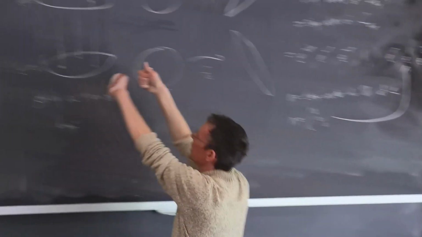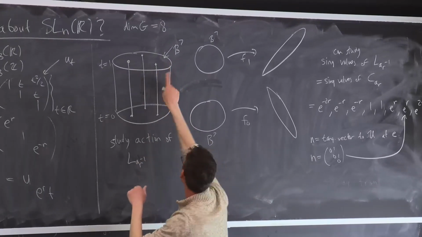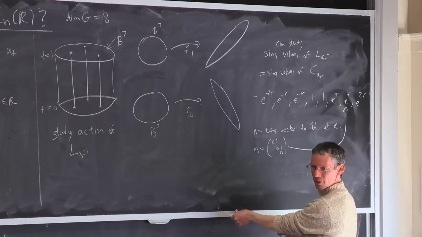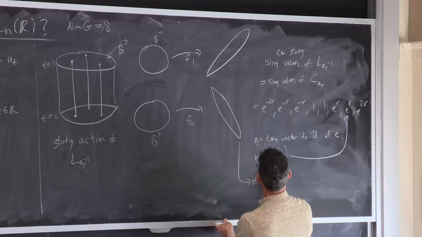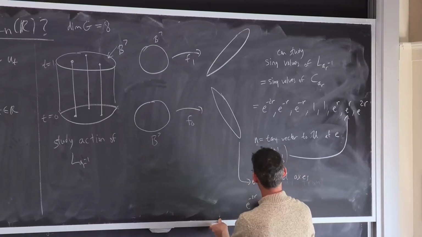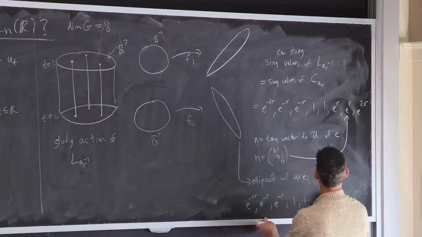So as before, the direction of the orbits is expanding. And then on the B7, we have the other 7 directions. So this thing over here is an ellipsoid with axes e to the minus 2r, e to the minus r, e to the minus r, 1, 1, e to the r, e to the 2r.